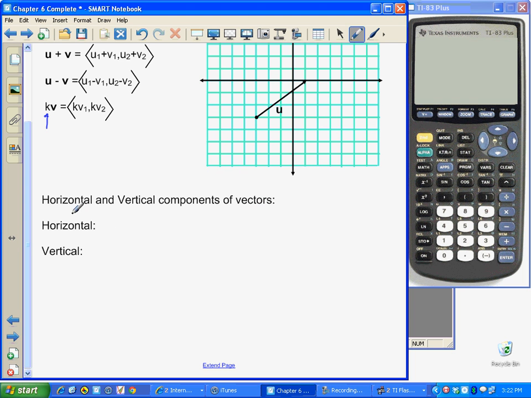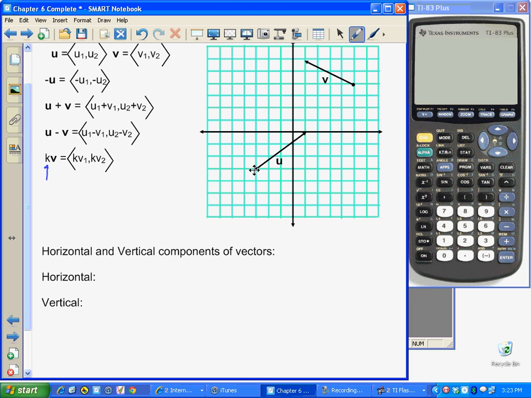Now, if we start with a magnitude and an angle, the way we're going to get the horizontal and vertical components is by basic trigonometry. So if this is my magnitude and this is my angle, theta, if I just want to get the x component, this is x, this is y, well, I would say that the cosine of theta equals x over r.